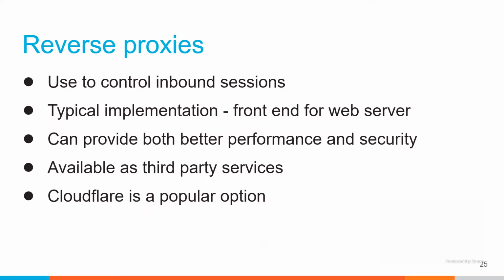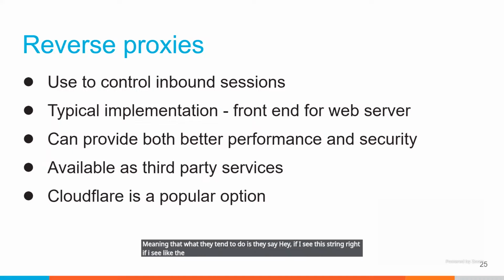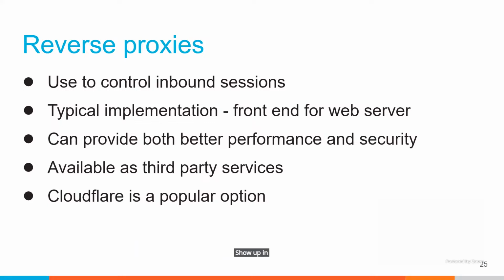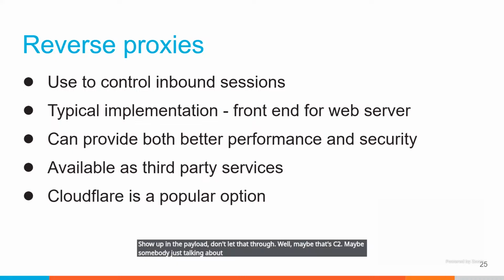There are vendors that try to do that. The problem is it's signature based, meaning that what they tend to do is say, "Hey, if I see this string, like the word PowerShell show up in the payload, don't let that through." Well, maybe that's C2, maybe somebody is just talking about PowerShell on a forum someplace, who knows?